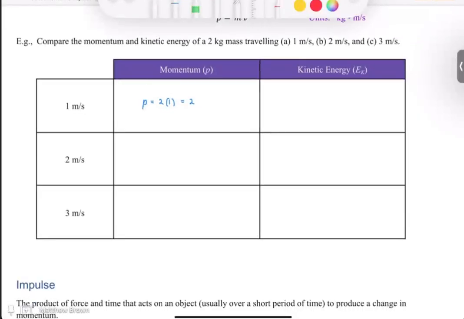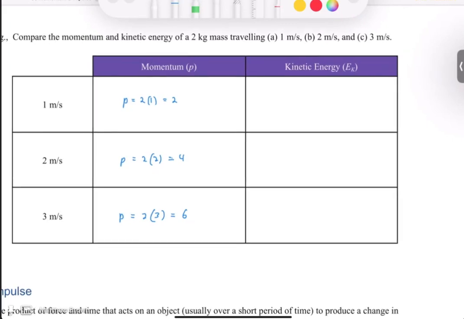Let's go down the line with momentum. If this 2 kilogram mass is going 2 meters a second, then P equals 2 times 2, which is 4. And if it's going 3 meters a second, it's 2 times 3, which is 6. So you can really see it going up linearly, right? If it gets more massive, the exact same thing would happen. It would be a nice linear relationship.